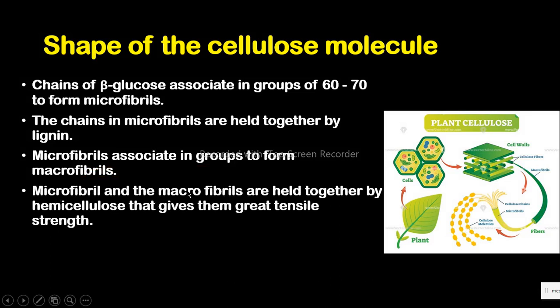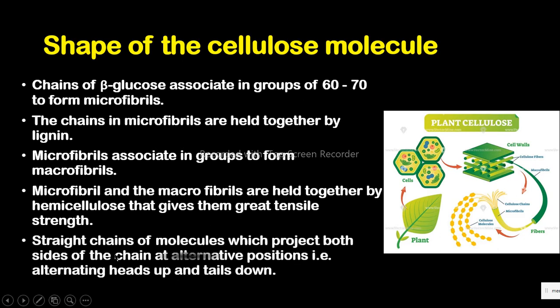Then the microfibers and macrofibers are held together by hemicellulose that gives them great tensile strength. And then the straight chain molecules project from both sides of the chain at alternate positions. These cellulose fibers are straight chains that project from both sides in alternating fashion.